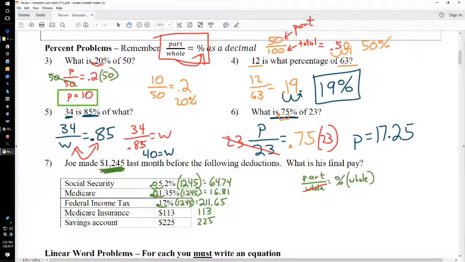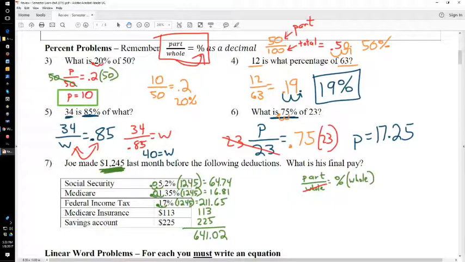So they want to know, what is his final pay? If I add every last one of those up, let's see what we get. 64.74 plus 16.81 plus 211.65 plus 113 plus 225 equals $631.20.